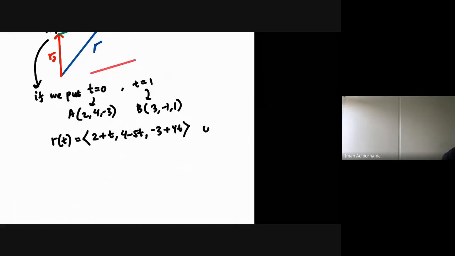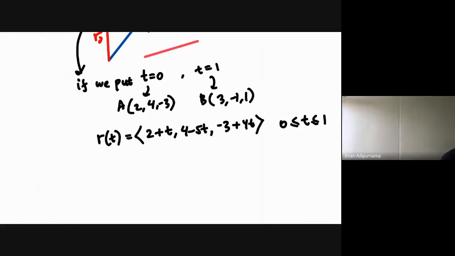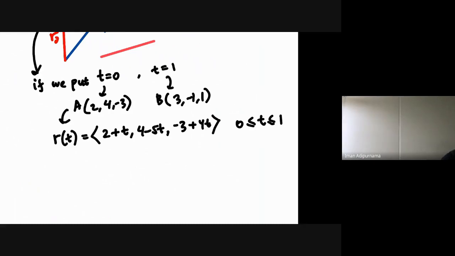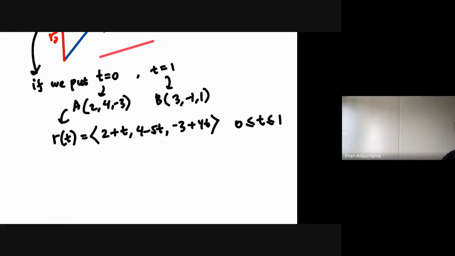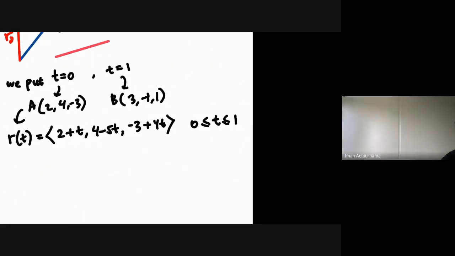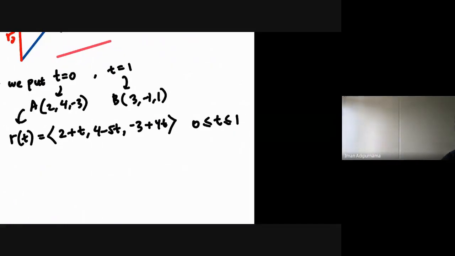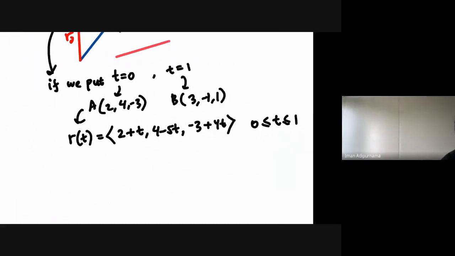And let's say t is from 0 to 1. So we can write these equations as general equations in terms of the parameter t, for t from 0 to 1.